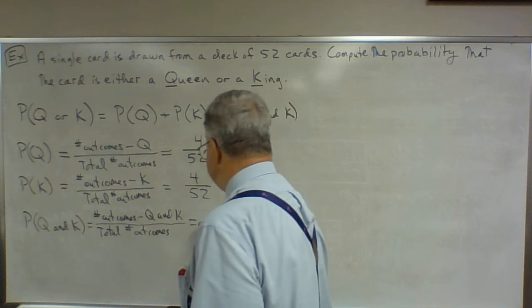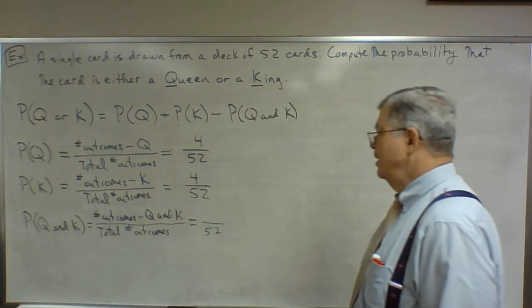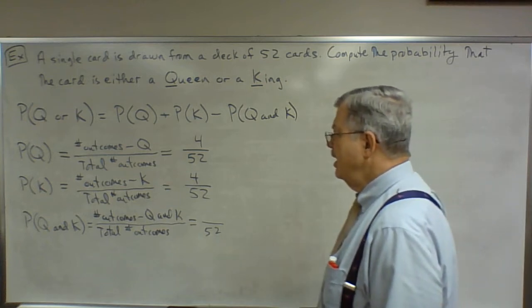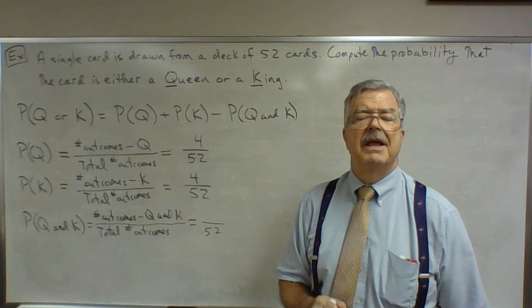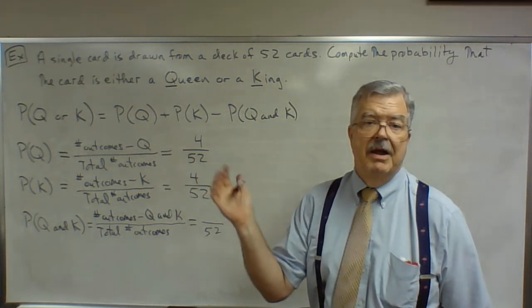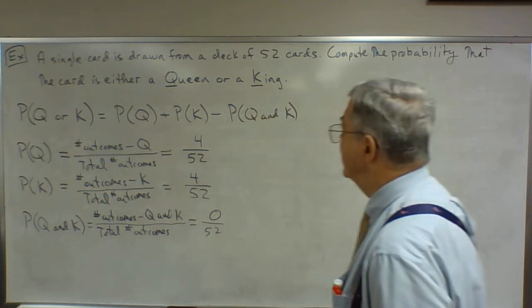Total number of outcomes is 52. How many different cards in a deck are both a queen and a king? None.